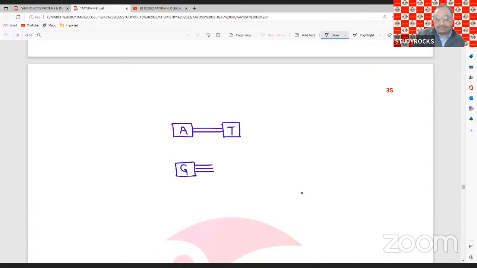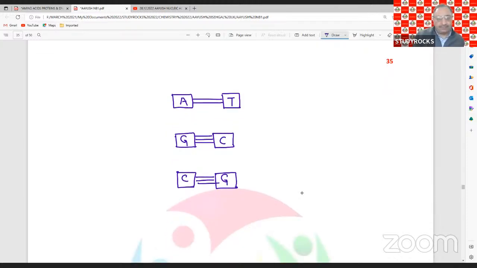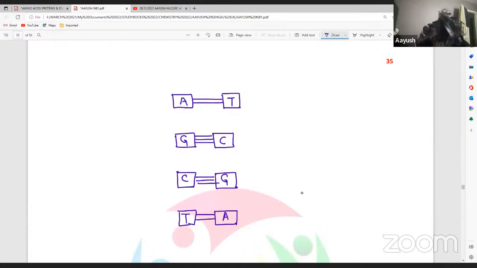Guanine joining with cytosine. Cytosine joining with guanine. Thymine joining with adenine. Is it okay?